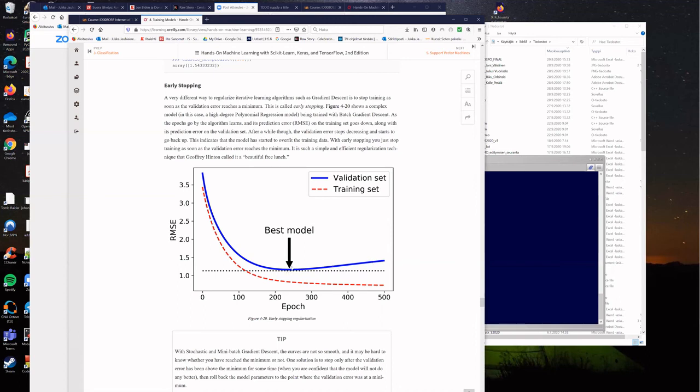You are overfitting. This is called early stopping. So early stopping is to stop training as soon as the validation error reaches a minimum.